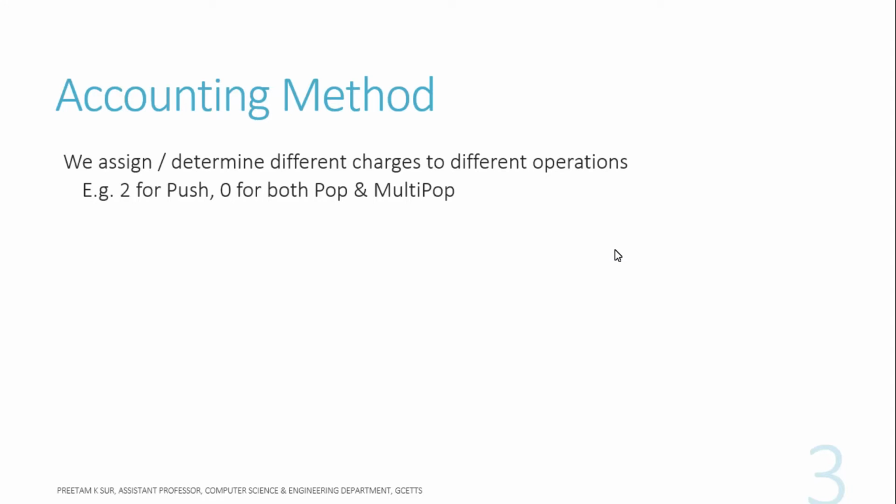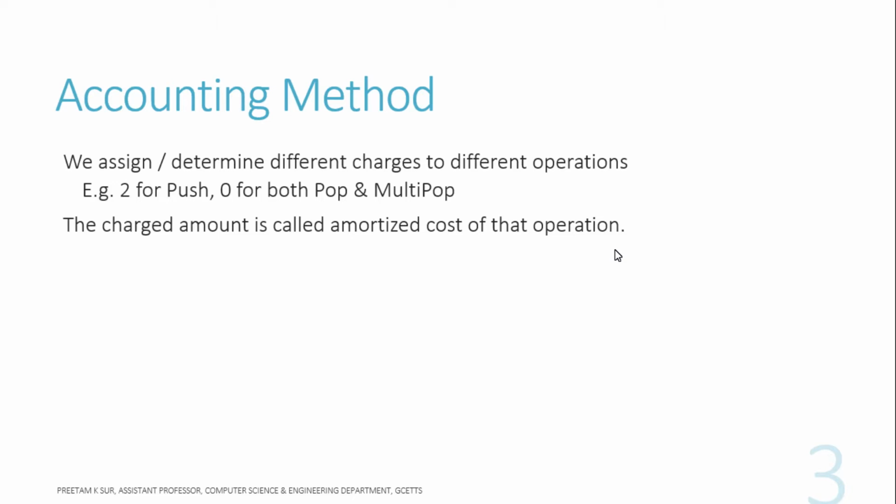But you have to assign these charges very carefully, so that there is some logic behind assigning them. There is a reason why we have put 0 for pop and multi-pop and 2 for the push operation, which we are going to see. Now, the charged amount is called the amortized cost of that operation.